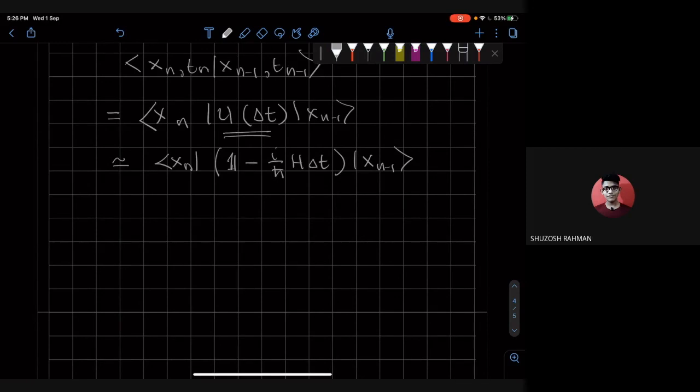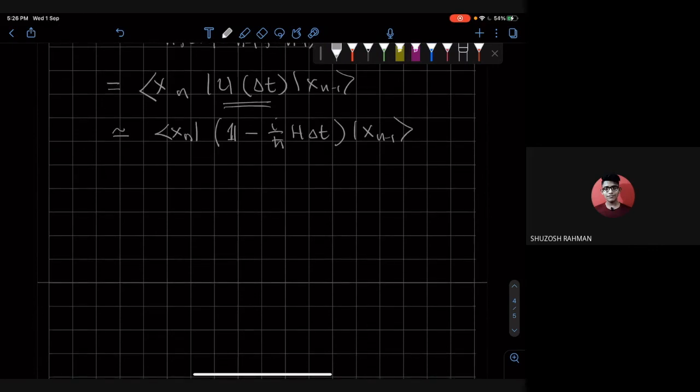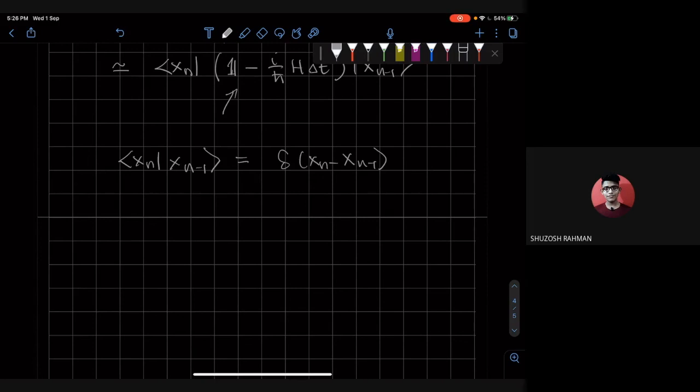Yes, sir. Good. So now we do some gymnastics. The first term is nothing but the overlap of xn with x n minus 1, and we know that that is normalization. It gives me delta of xn minus x n minus 1, right? This is the Dirac delta function.